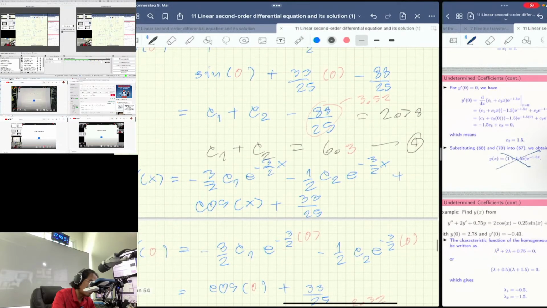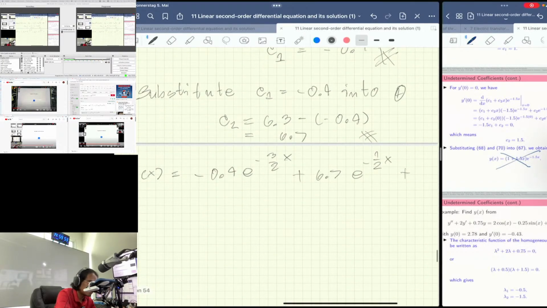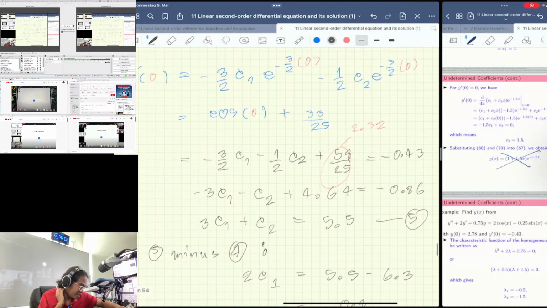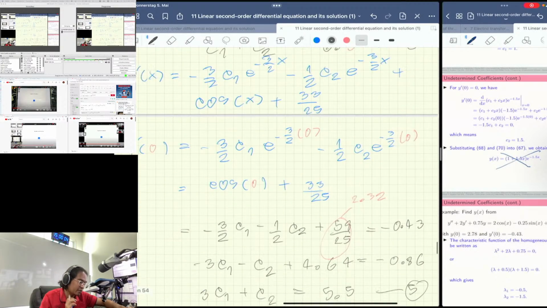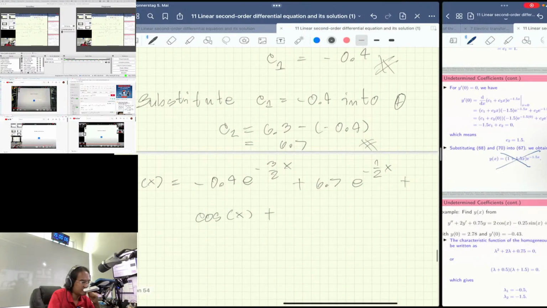Cosine x and 33 over 25, cosine x and plus 33 over 25.